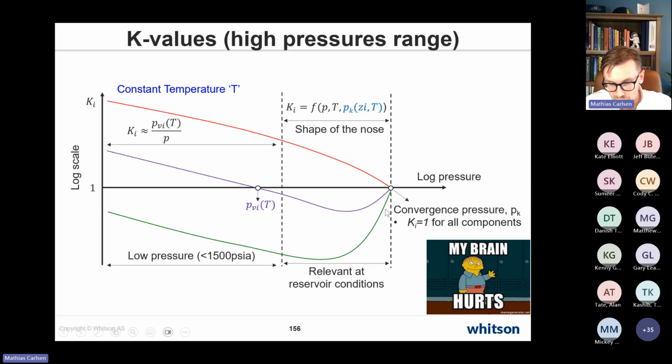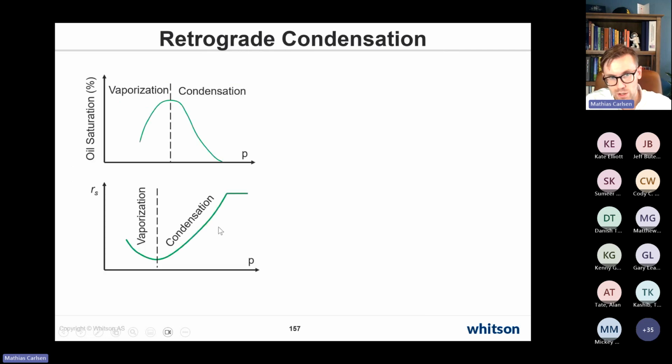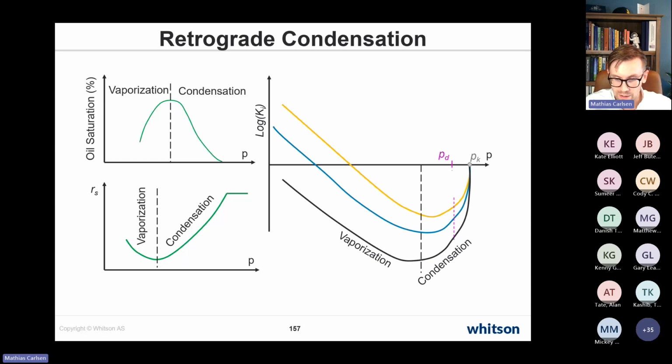The heavier K values, which you see here, will start to turn at some low point before they start to go up, and that's the explanation for what we're seeing in the laboratory reports. There was a question from Tarun earlier about this as well, and also why the RV curve or the RS curve has a condensation-driven period and then a vaporization-driven period. That's because the K values of these heavier components are non-monotonic.